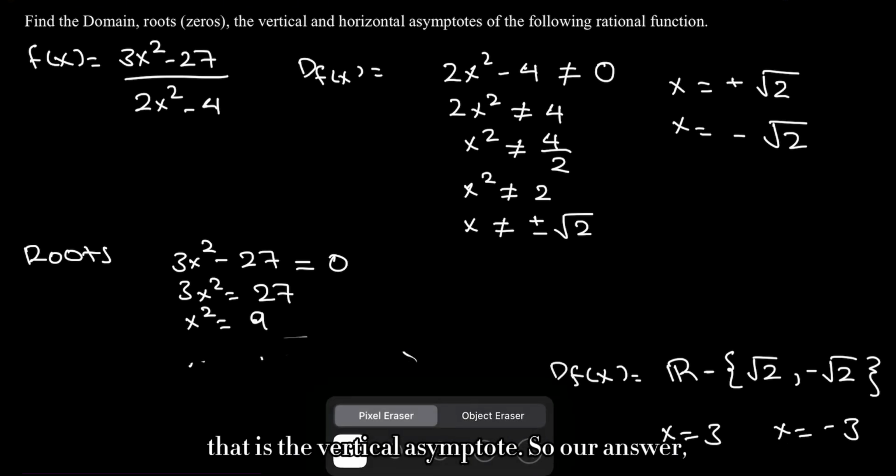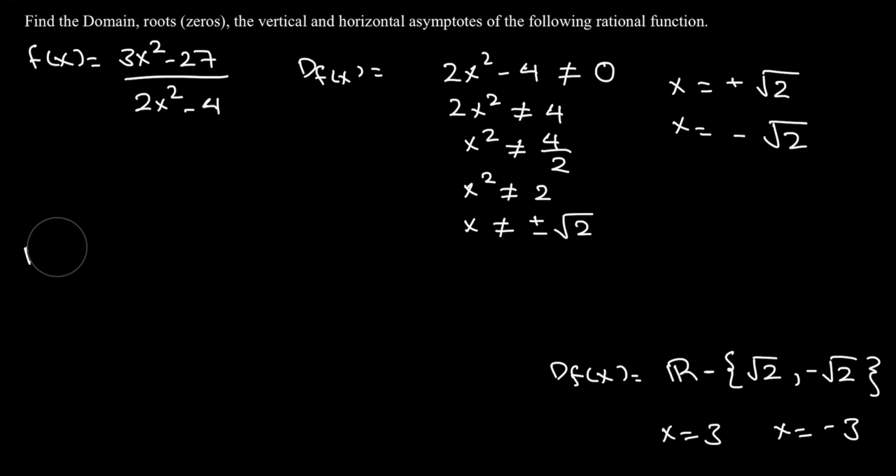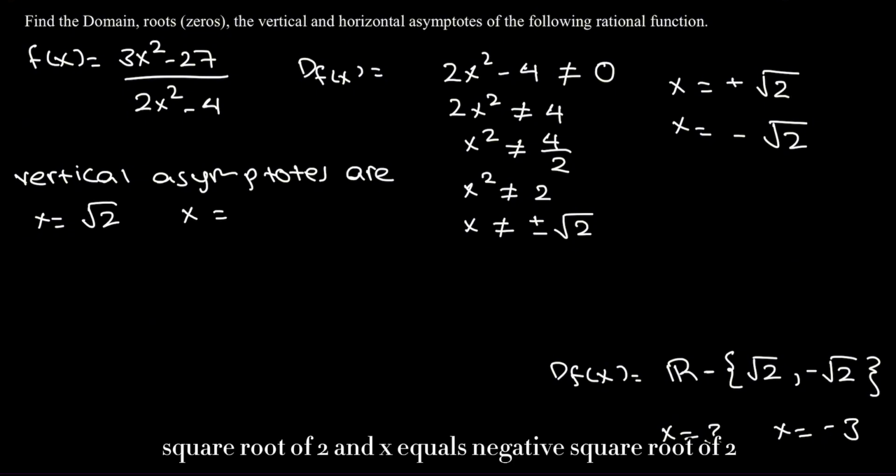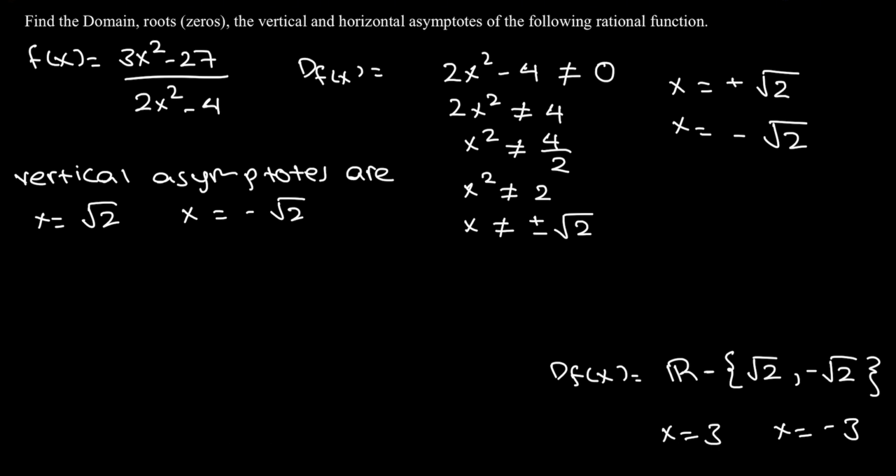So our answer is the vertical asymptotes are x equals square root of 2 and x equals negative square root of 2. These are the vertical asymptotes.